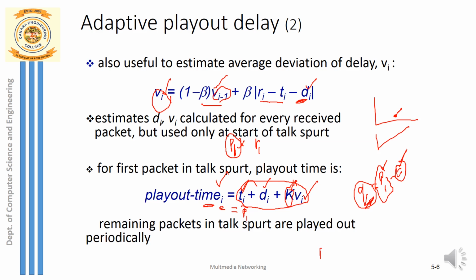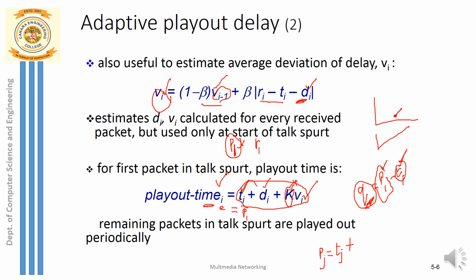So when you calculate the playout time for the next packet, Pj, it should be equal to the sending time of that particular packet plus Q. Already we know what Q is, right? Q is the playout time of the first packet minus the sending time of the first packet.